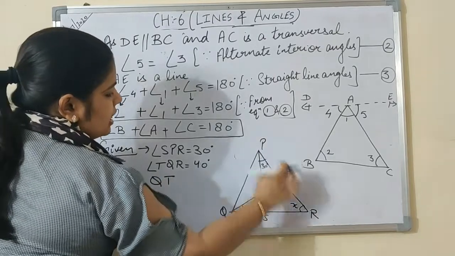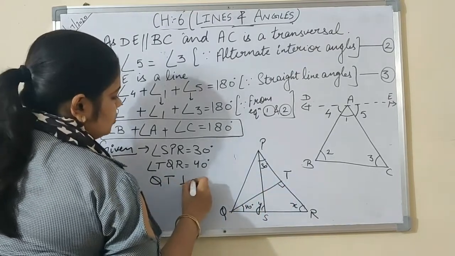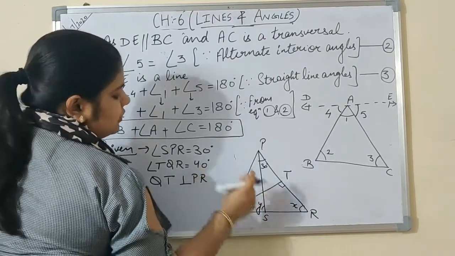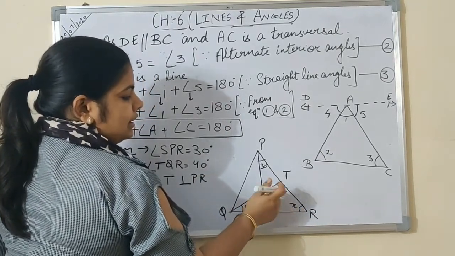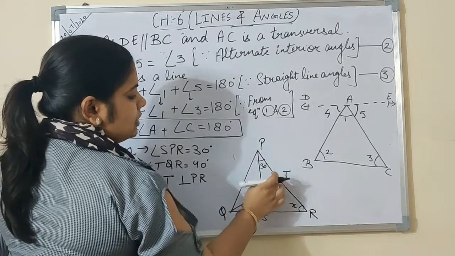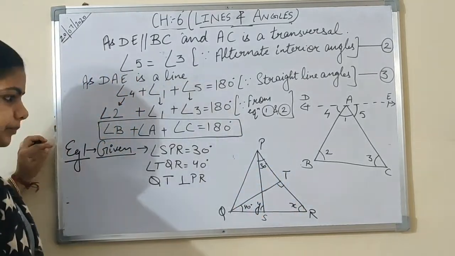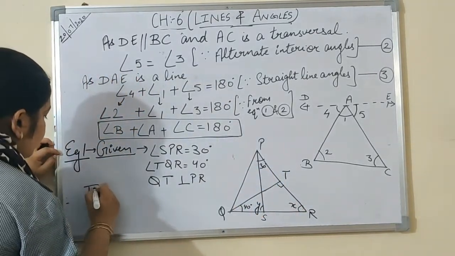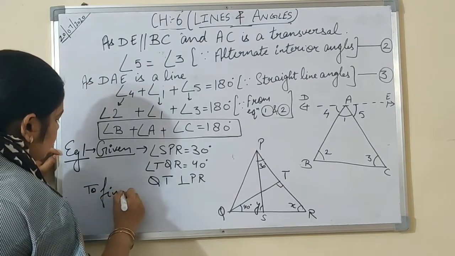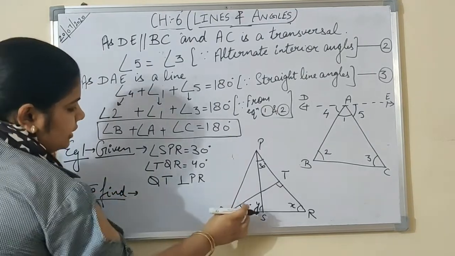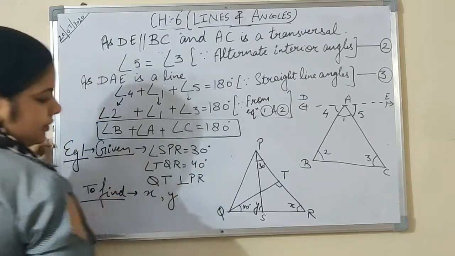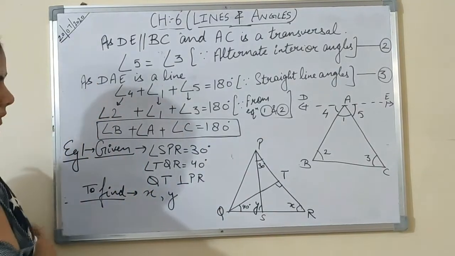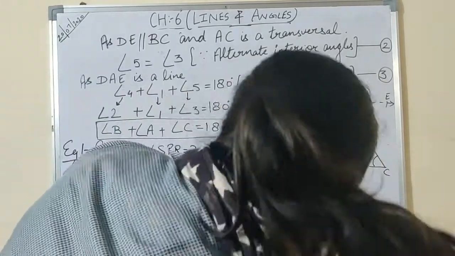That QT is perpendicular to PR. That means we can say that angle QTR is equal to 90 degrees. Also angle QTP is 90 degrees. Then what we need to find over here is X and Y.